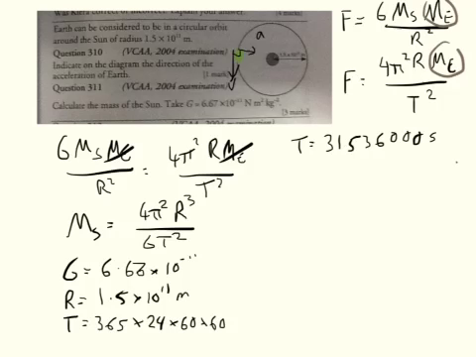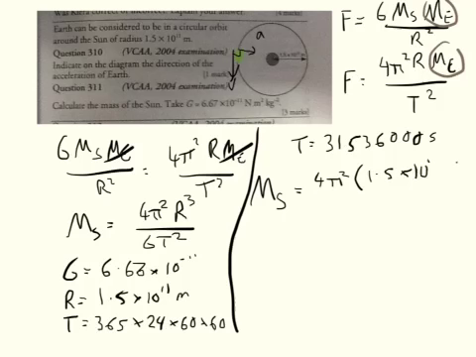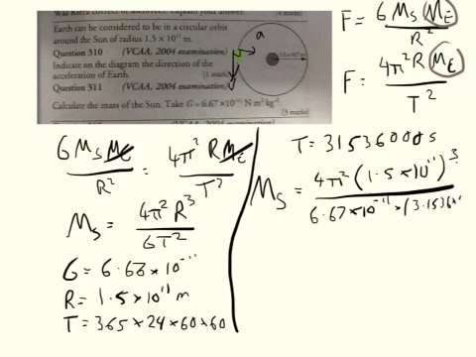So putting these values in, the mass of the Sun, which is what we want to find, is equal to 4 pi squared times the radius, 1.5 times 10 to the 11 cubed, over the gravitational constant, 6.67 times 10 to the negative 11, times the period squared, which is 3.1536 times 10 to the 7, and that is squared.